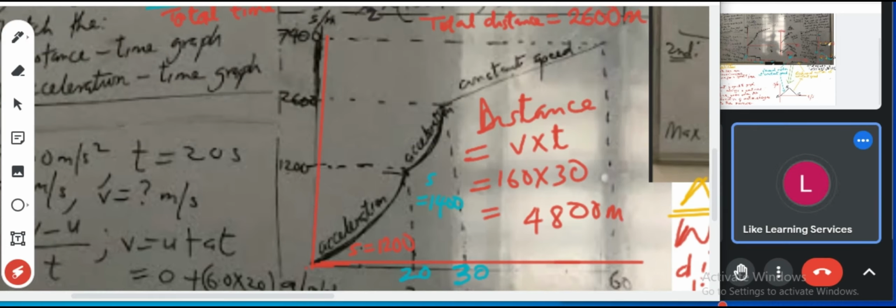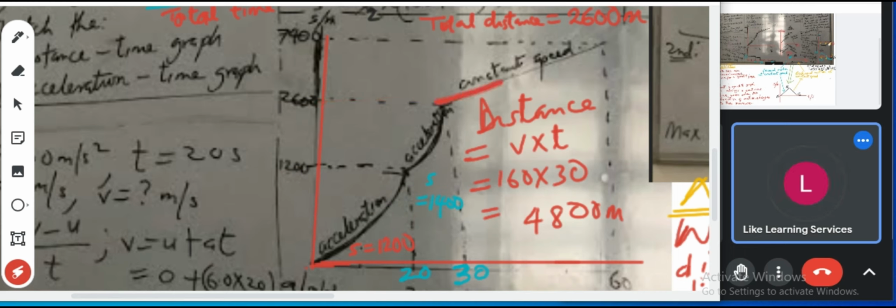That's why at this point we plotted 1,200 for the distance, after 20 seconds. An additional 10 seconds, making 30 seconds, we have another 1,400. So 1,200 plus 1,400 gives us 2,600. So that's why we have 2,600 here after 30 seconds altogether.